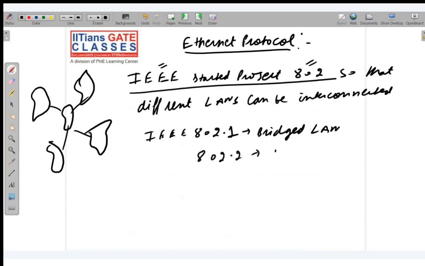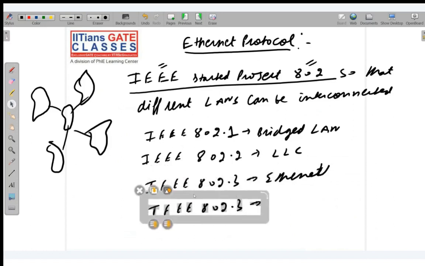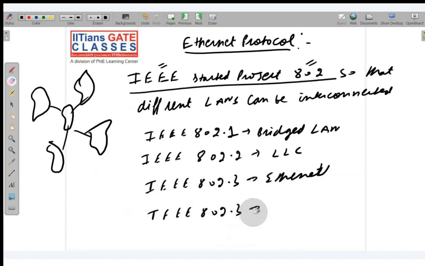802.2 is for LLC, that is logical link control. These are not in your syllabus. I'm just giving you the idea. And IEEE 802.3 was your Ethernet, which is in your GATE syllabus. Then we have IEEE 802.4, that was token bus, then token ring, and so on.